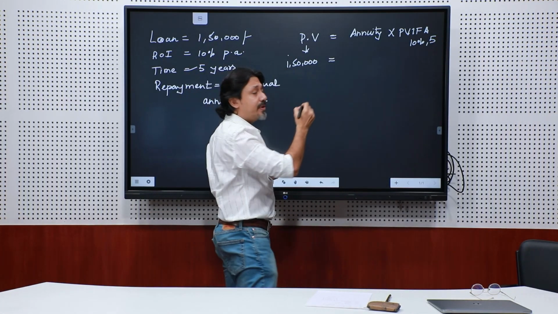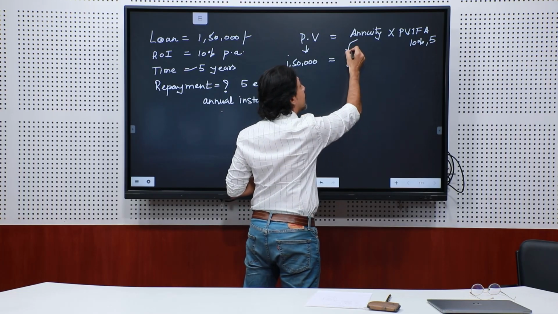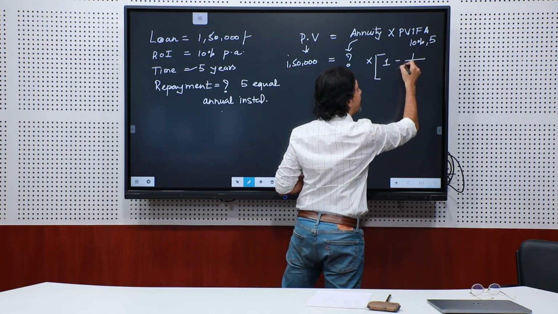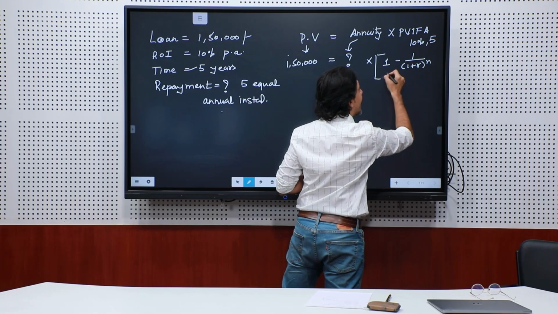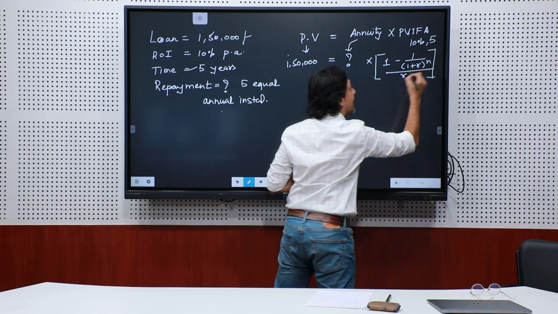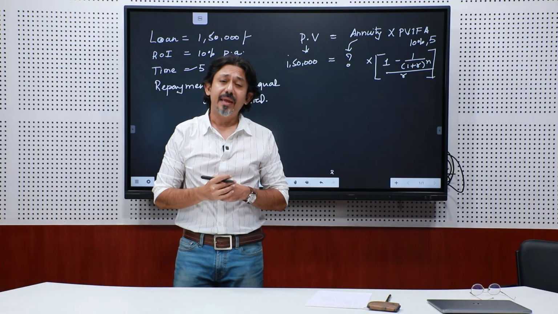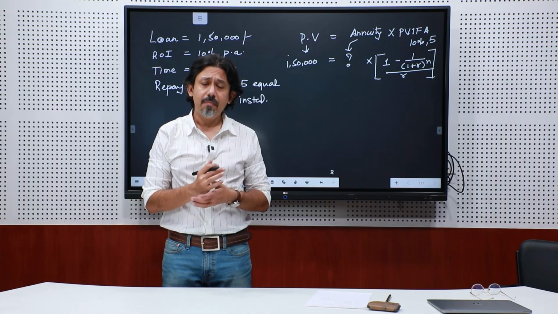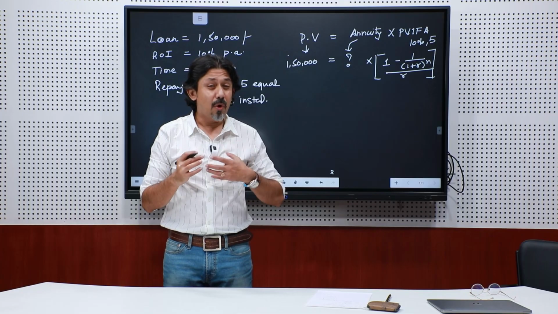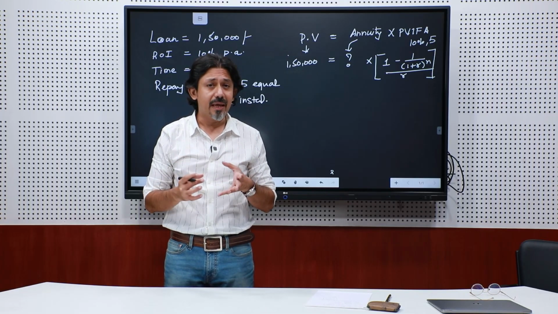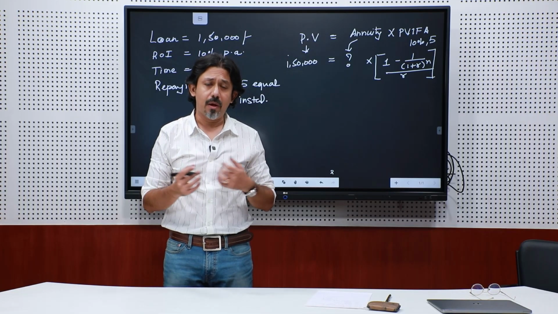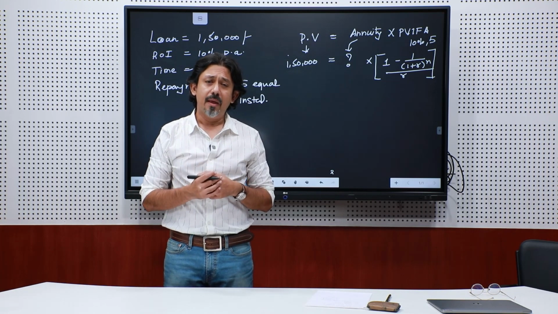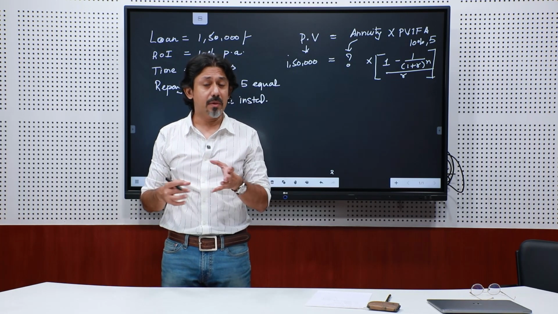So, I have 1,50,000. What do I need to calculate? The annuity amount, and the PVIFA formula is 1 minus 1 upon (1 plus r) raised to n, the whole divided by r. This is not too difficult to remember. In fact, I would love for you to remember it over a period of time, because if you had to do a back of the envelope calculation in real life, say you walk into a Chroma or a Sales India and ask what the EMI is going to be for a television, you don't need to rely on the salesman to tell you.